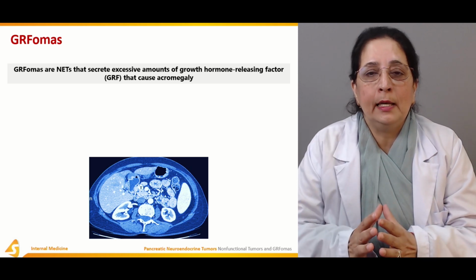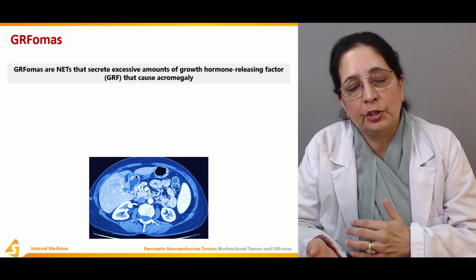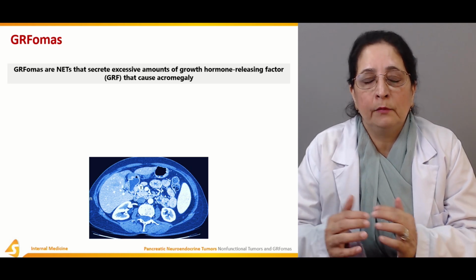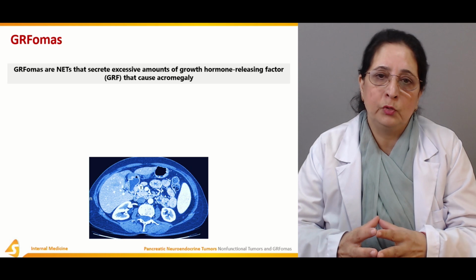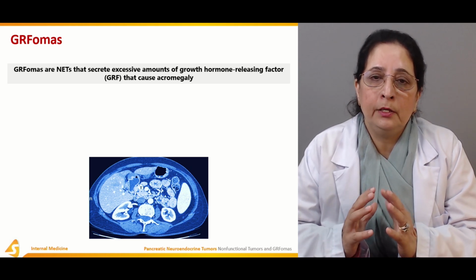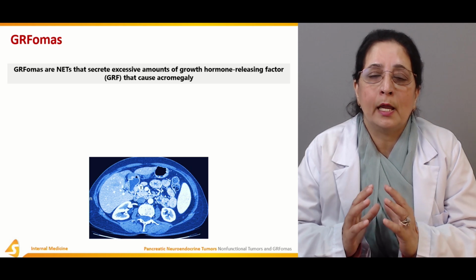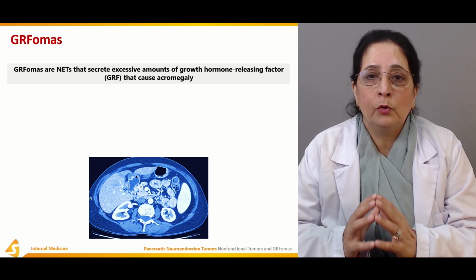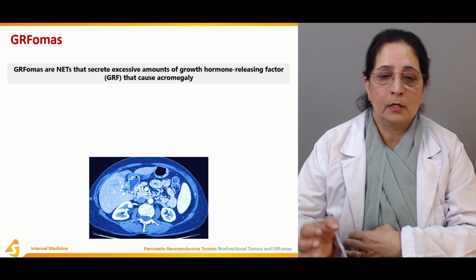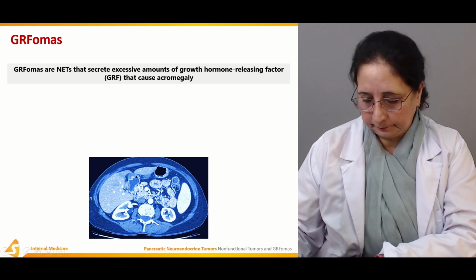So acromegaly is due to increased production of growth hormone after puberty. Once the bones are fused, it causes acromegaly. So this is the neuroendocrine tumor that produces growth hormone releasing factor that can cause acromegaly.